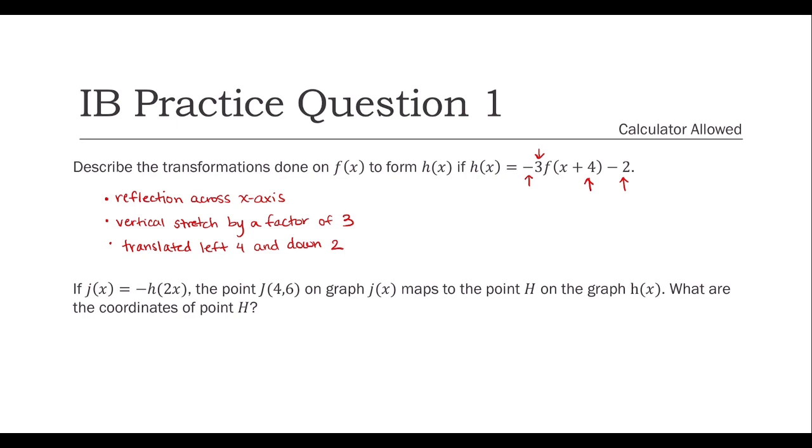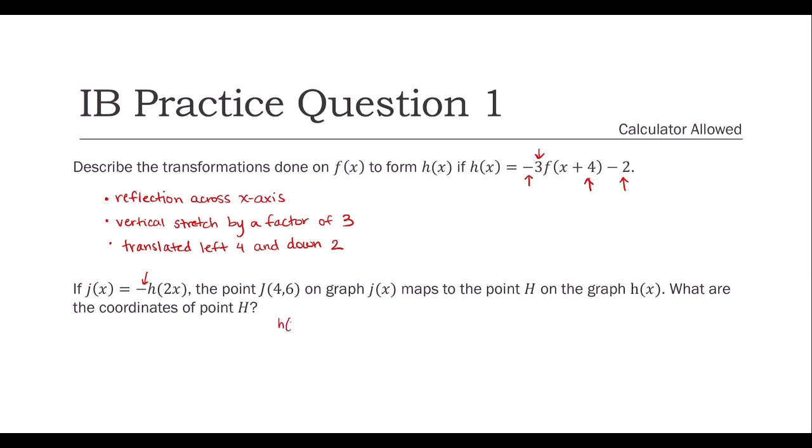And then it says if j of x equals negative h of 2x, the point j (4, 6) on the graph j of x maps to the point h on the graph h of x. What are the coordinates of point h? So to get j of x, you have to reflect h of x over the x-axis.